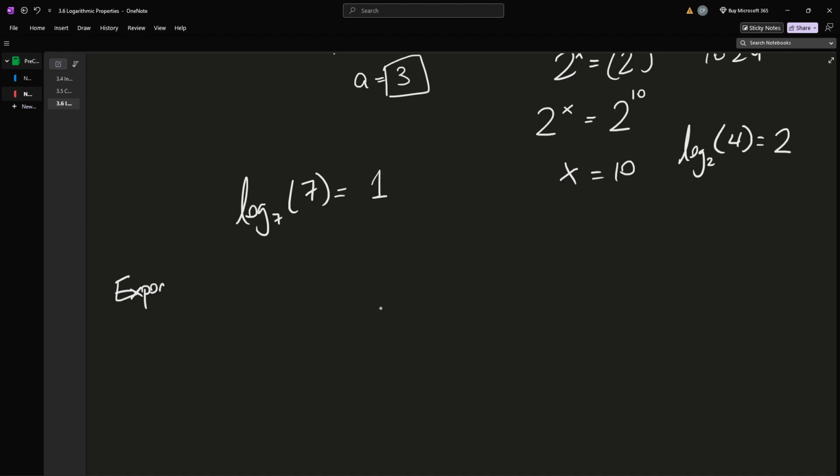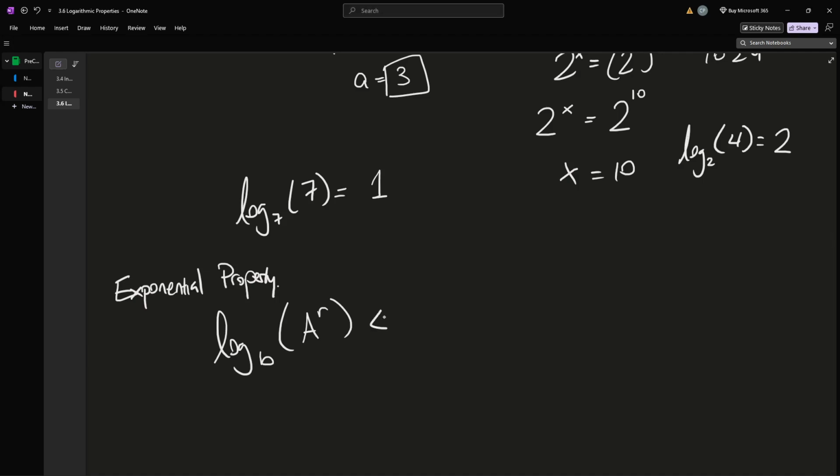The exponential property, where log base b of a to the r, do you want to write it like this? Yes, I do.